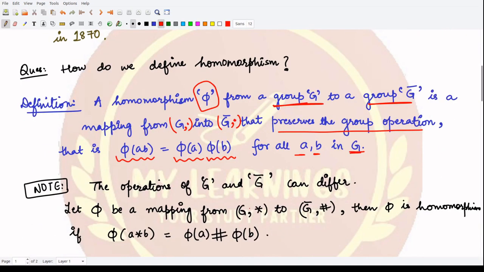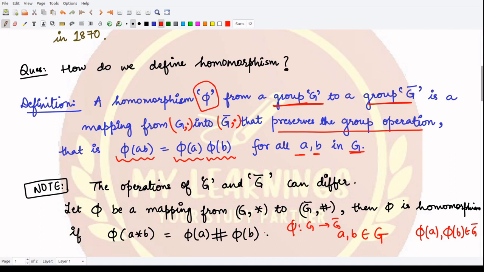Suppose the group G has the group operation star and the group G bar has the group operation hash. Then phi is a homomorphism if phi of A star B equals phi of A hash phi of B. Notice that A and B are elements taken from the group G, and phi of A and phi of B are elements of G bar, because phi is a mapping which takes the elements of G to G bar.